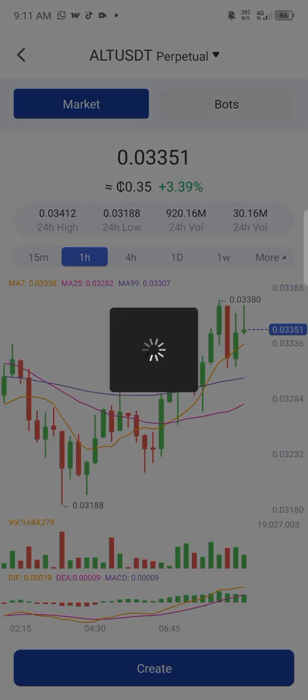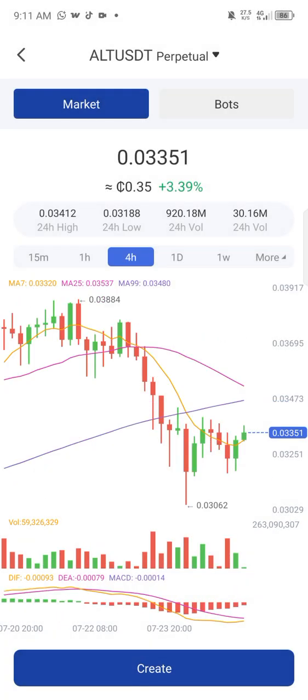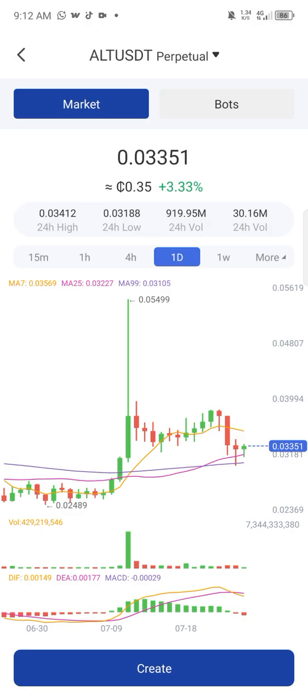The 1 hour is telling us that we are on a downtrend. The 4 hour is telling us that we're on a downtrend. Then on the 1 day, we also see that there's been a little uptrend here. So it's two against two. So if you want to trade it, you have to look at other indicators to make your decision very wise, because two time frames are telling us that it is on a downtrend, and two time frames are telling us that it's on an uptrend.